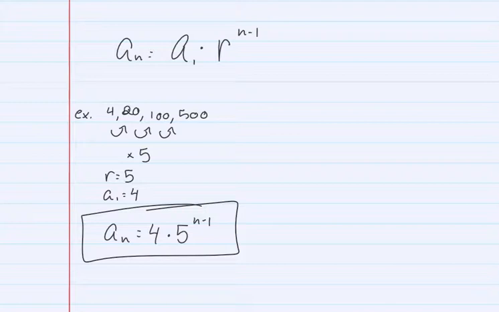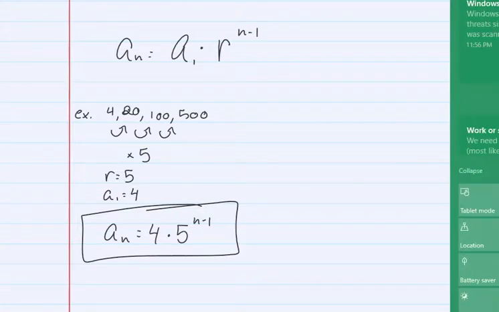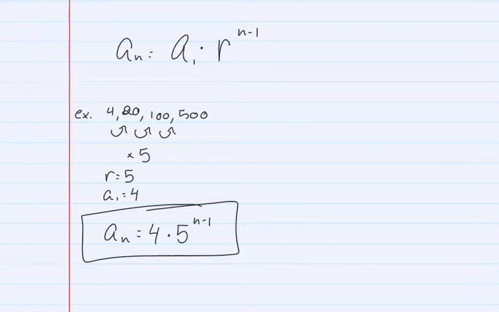Now if I were to ask you for the 7th term, let's look at a sub 7. Let's see if we can find it. 4 times 5 to the 7 minus 1, which is 4 times 5 to the 6th power, and this is going to end up being a pretty big number.